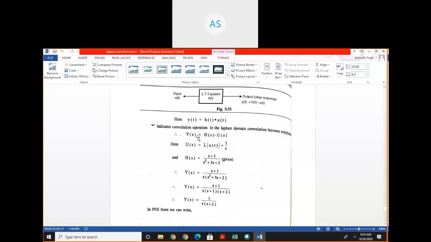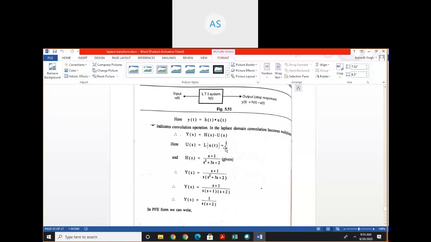This is an LTI system. If the input to this LTI system is ut and ht is the impulse response of the LTI system, then how can we get the output?